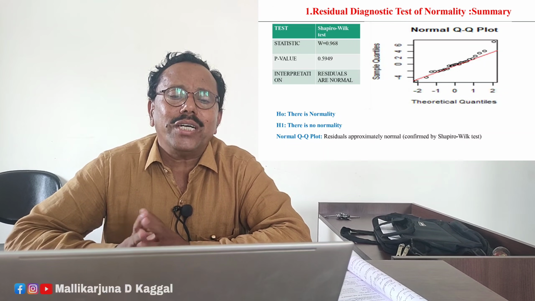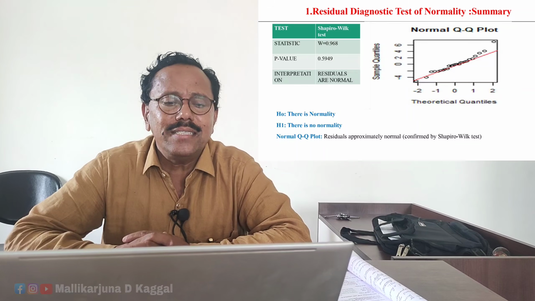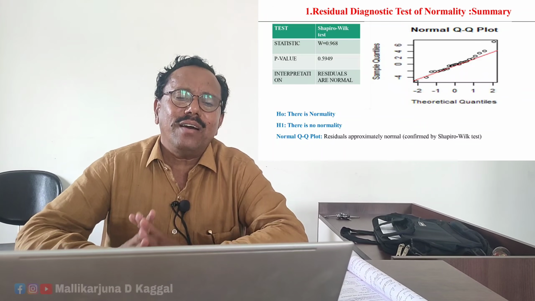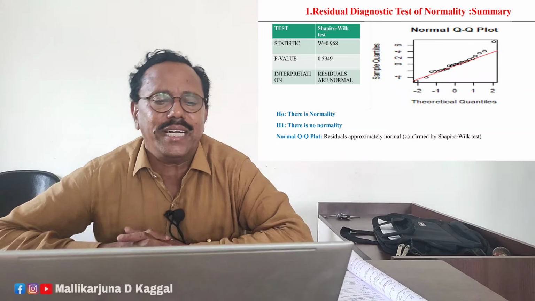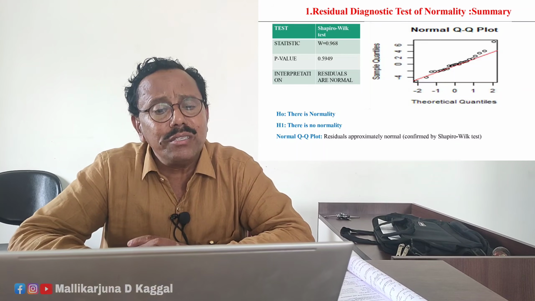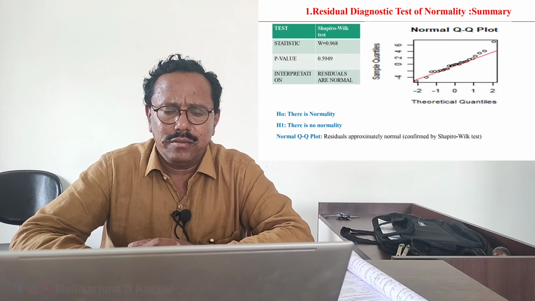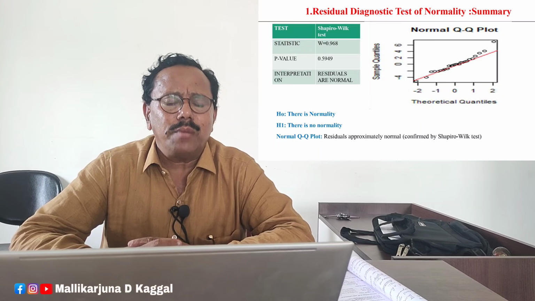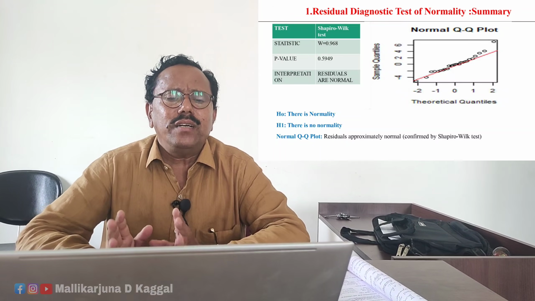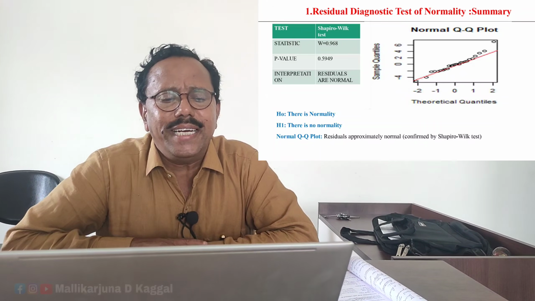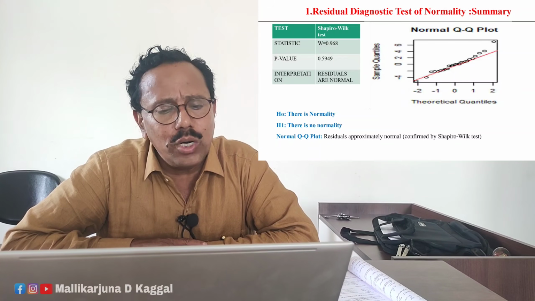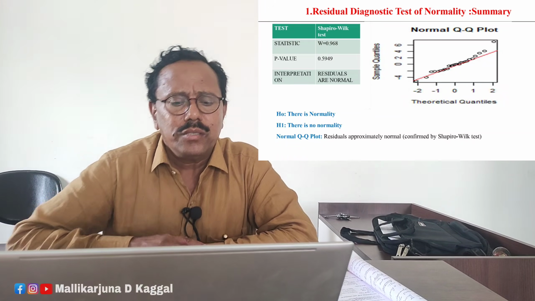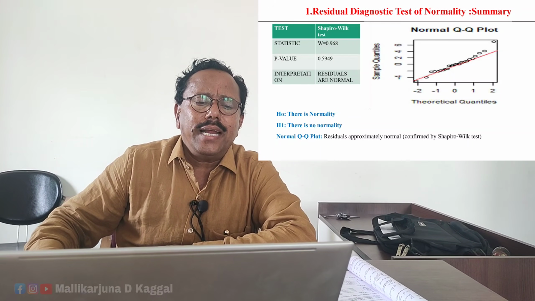Such a problem is not there now, because the p-value is readily available in almost all software. Even in Excel, the p-value can be calculated using some commands. Here the p-value is 0.5949, so it is more than 0.05, so it accepts the null hypothesis.